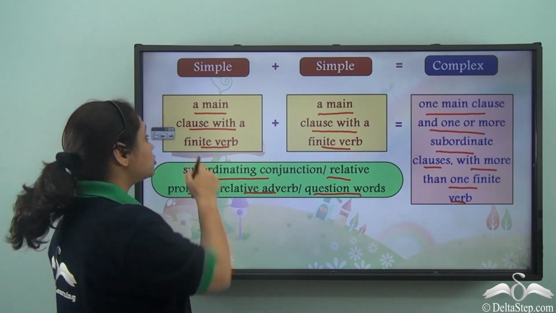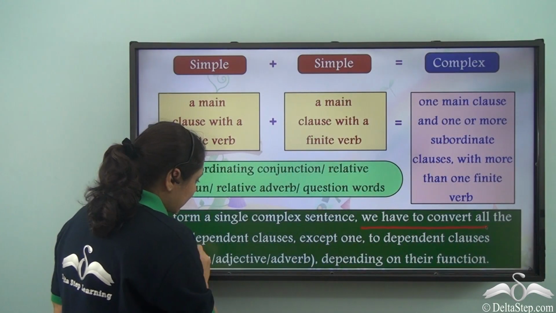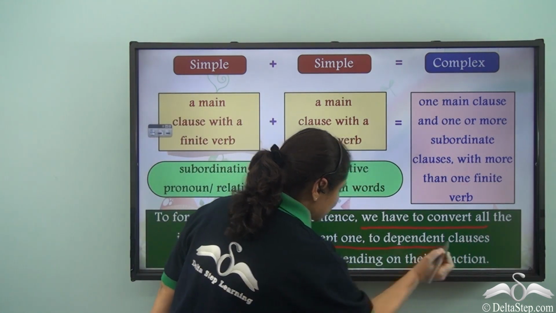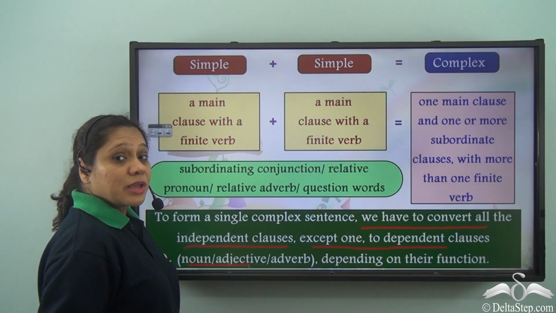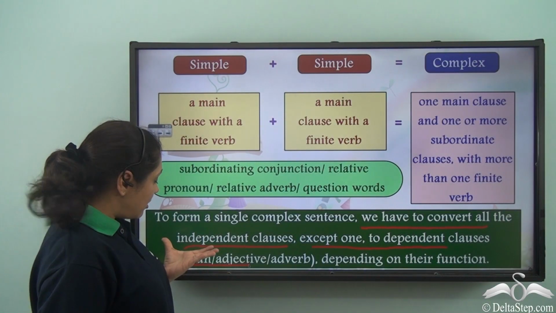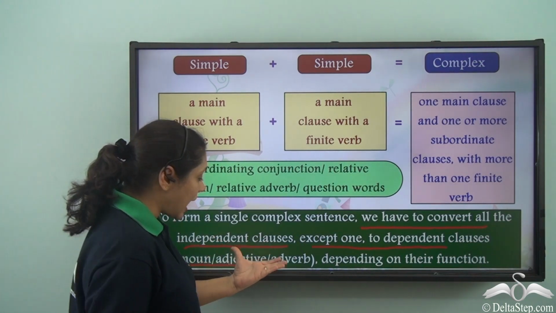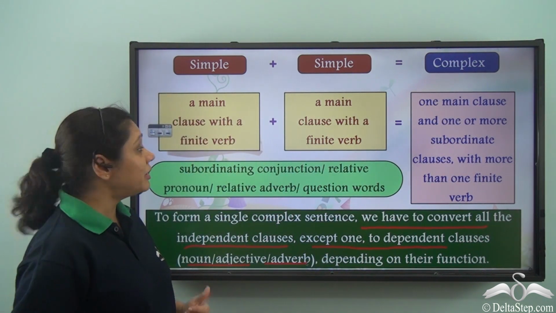Now, in order to do so, we have to convert all the independent clauses except one to dependent or subordinate clauses, and these clauses will be noun clauses or adjective clauses or adverb clauses depending on their function. So, what are we doing?